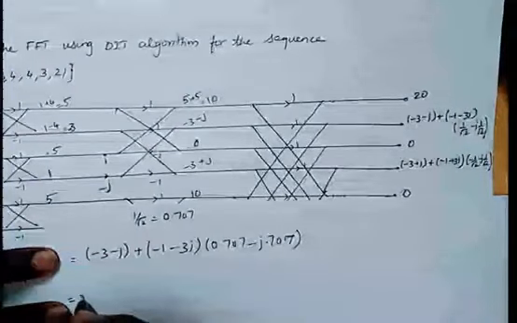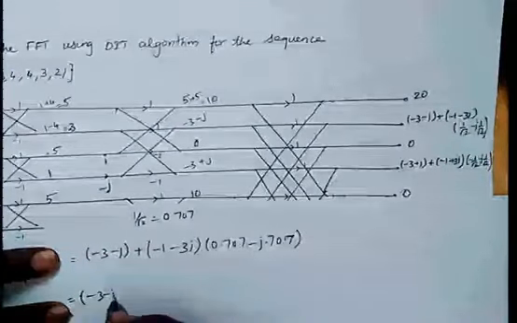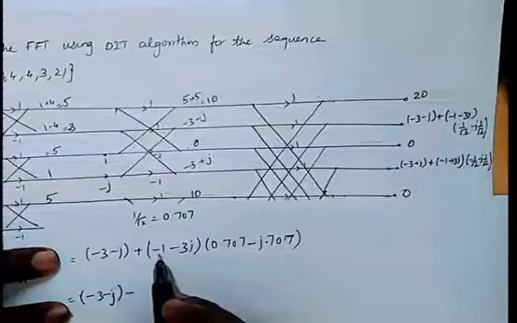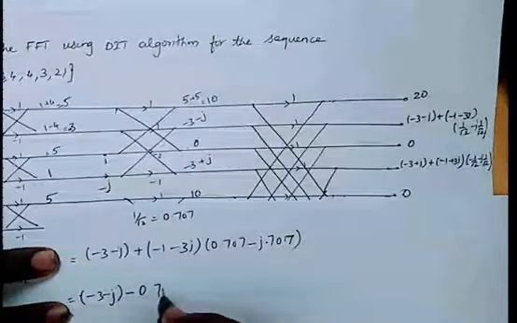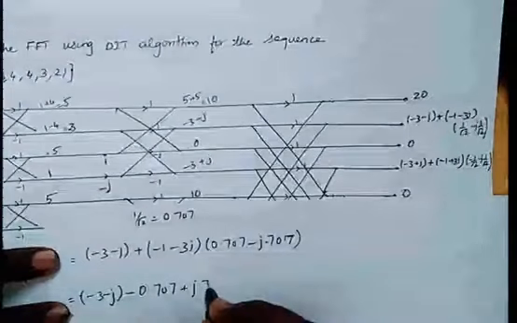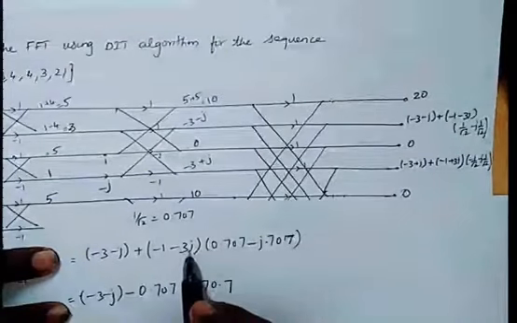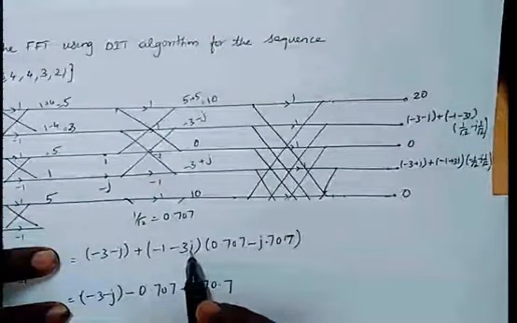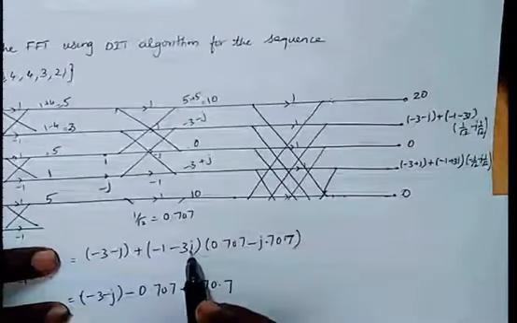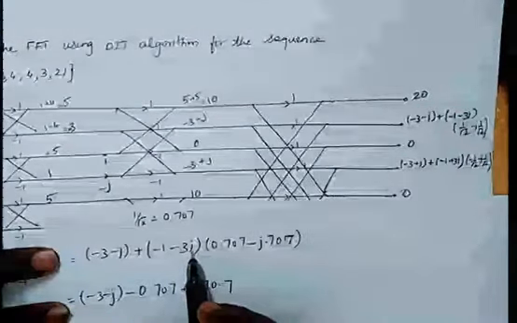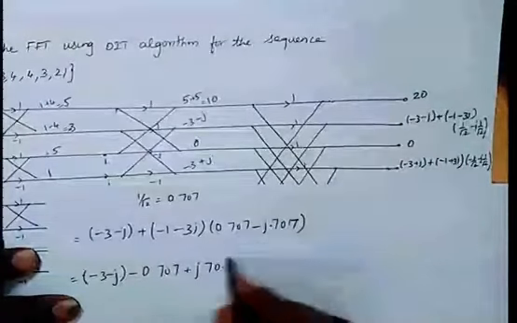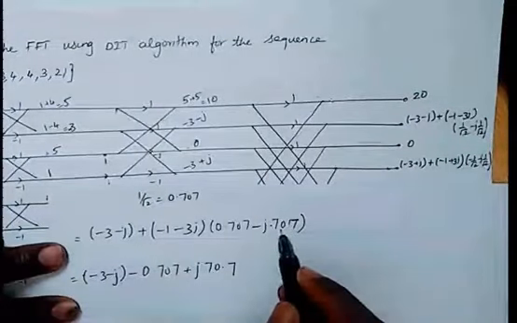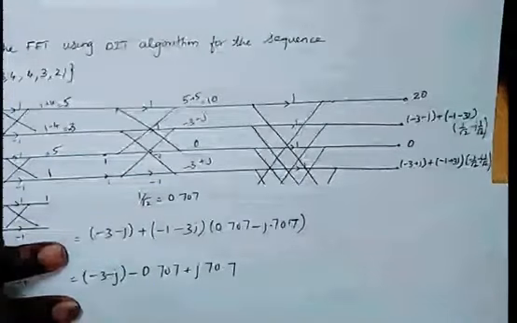So this is going to be minus 3 minus j, let me multiply with minus 1, so it's going to be minus 0.707 plus j into 0.707. Again we have 3j here, so 3 into 0.707, which is around 2.12.